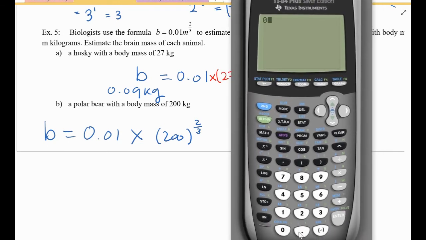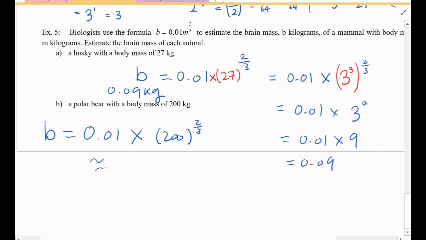Okay, so 0.01 times, don't forget to put bracket around it, 200 to the power of 2 over 3. So in your calculator, it's better to put bracket around the fraction as well. Like this. Then that is 0.3419. Okay, so let's keep to 2 decimal places, 0.34. So the answer will be 0.34 kilogram.